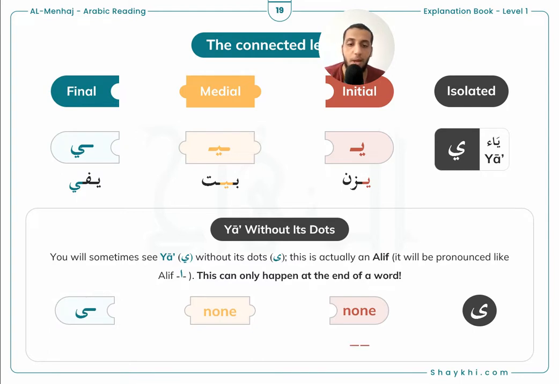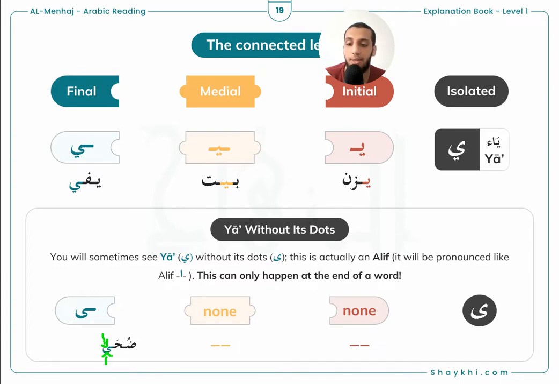Let's take examples. No example of the initial and no example of the middle, and the first example of the final form, as you can see, duha. This will be pronounced like alif, duha, not duhi. You know al-ya, we would drop the jaw, duhi. No, we will not do this. We will say it like alif, duha. Why like alif?